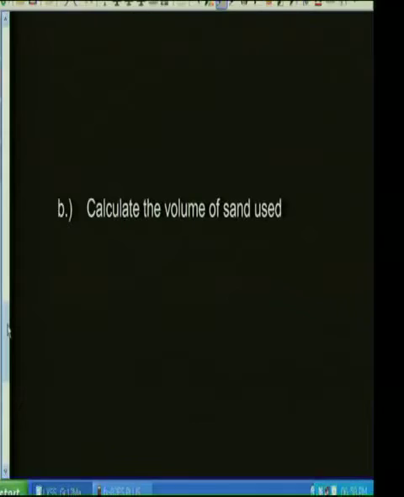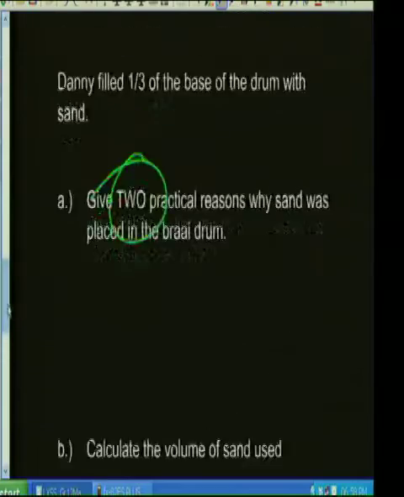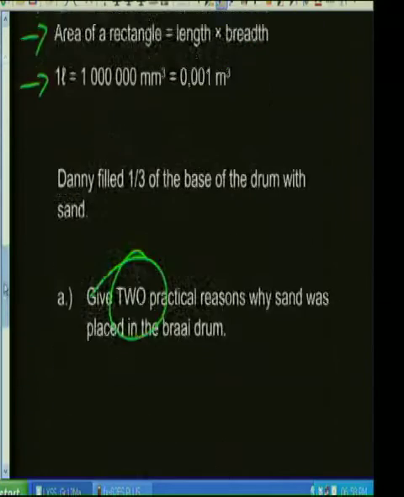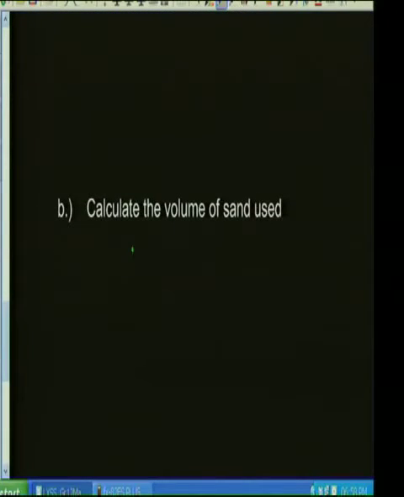Next one, calculate the volume of sand used. Now, let's have a look at this. We're told, and I circled the important things, we have a volume of 108 liters. So the drum can take 108 liters worth of liquid or sand or whatever it is. The sand, though, only takes a third of it.